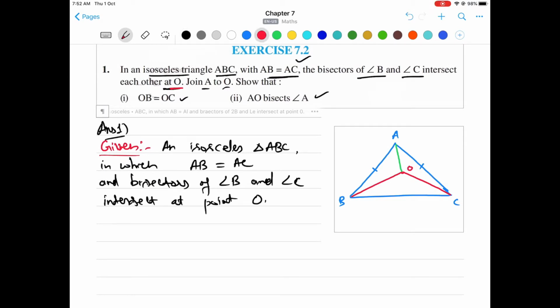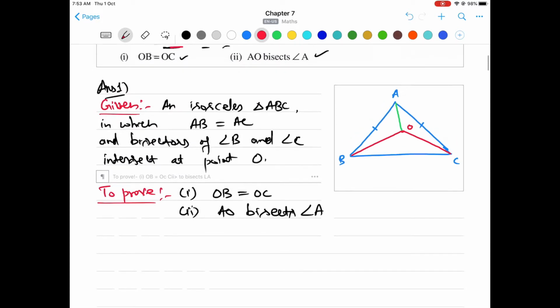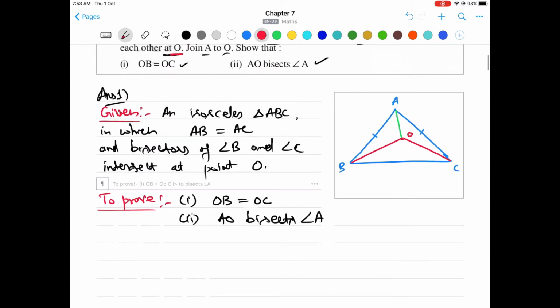Next we'll write what we have to prove. To prove here, we have to prove two things. First one is that OB is equal to OC, and second one is AO bisects angle A. It's given in the question that we have to do one construction, so we'll write the construction here.